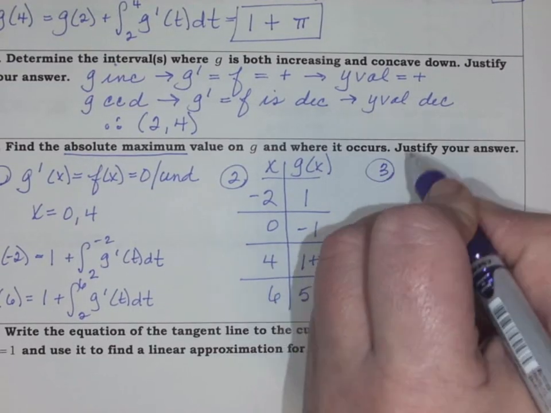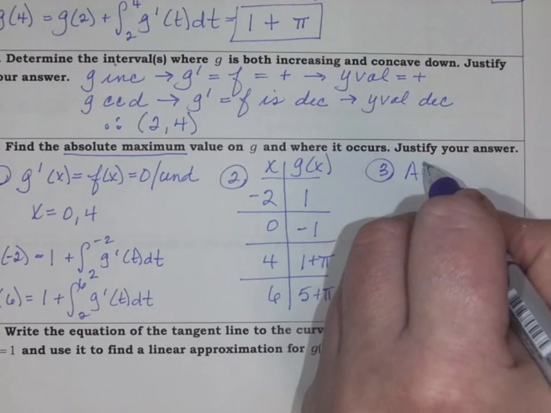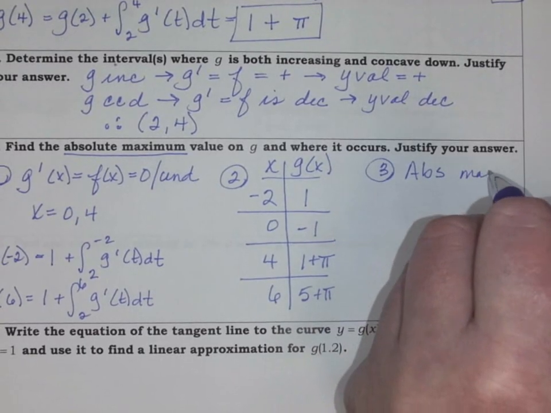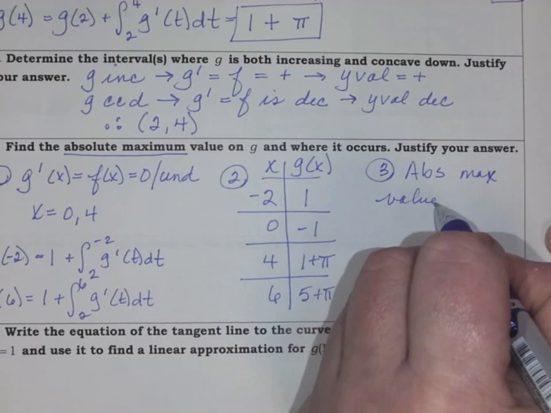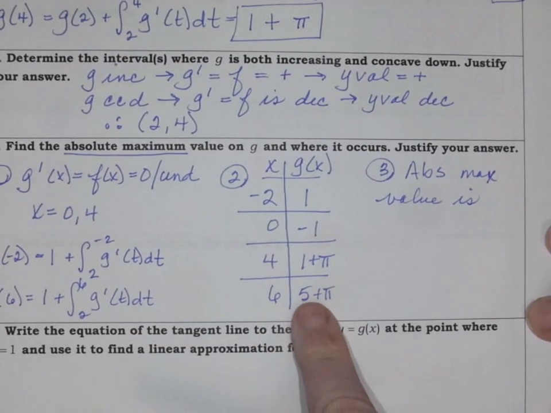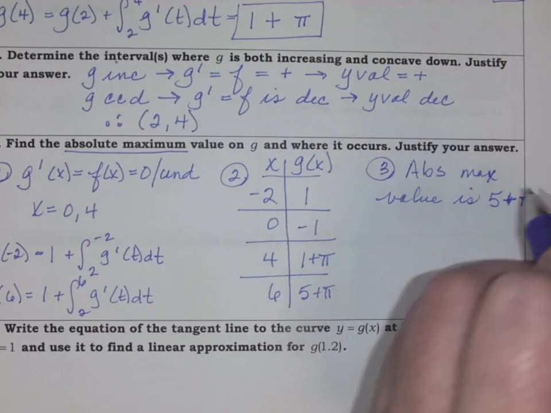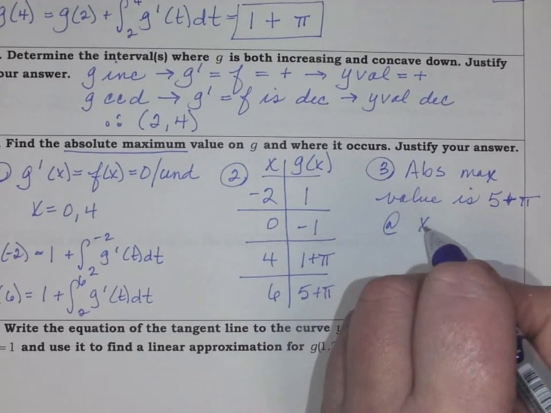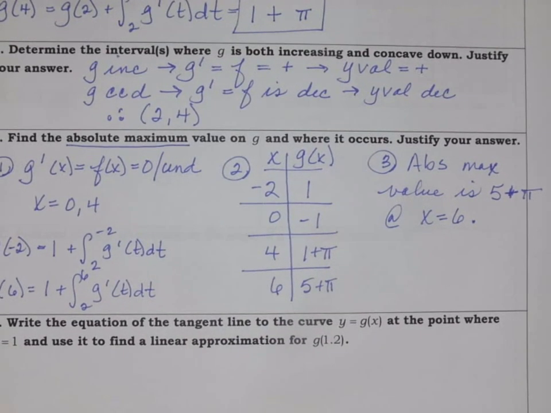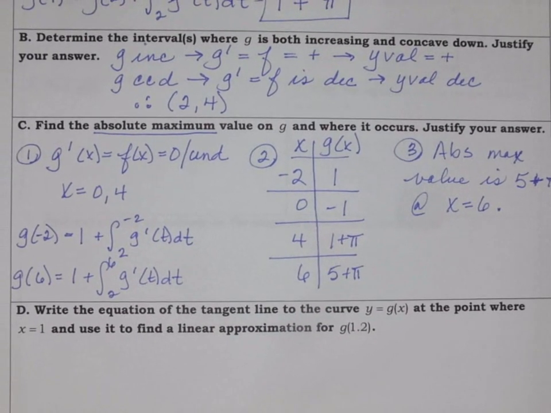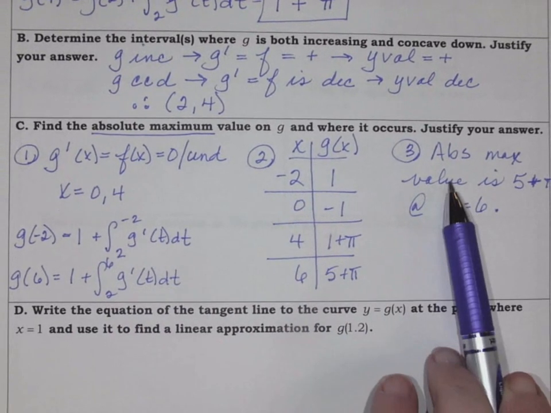Then for 3, we need to write our sentence. So we want the absolute max value. So our absolute max value is, our y value, 5 plus pi at x equals 6. All right, so there's finding an absolute max or min. So 3 steps. Find your critical points, build your t-chart, write your answer.